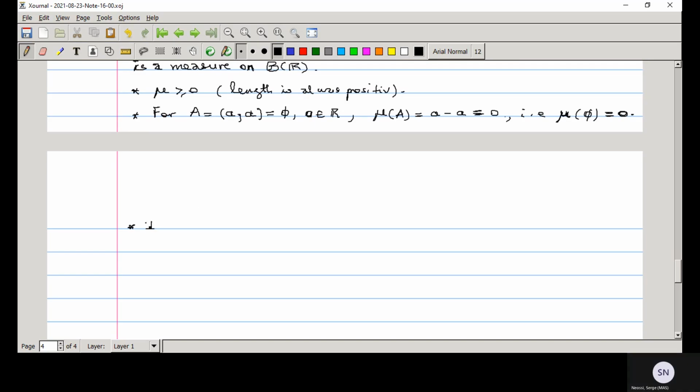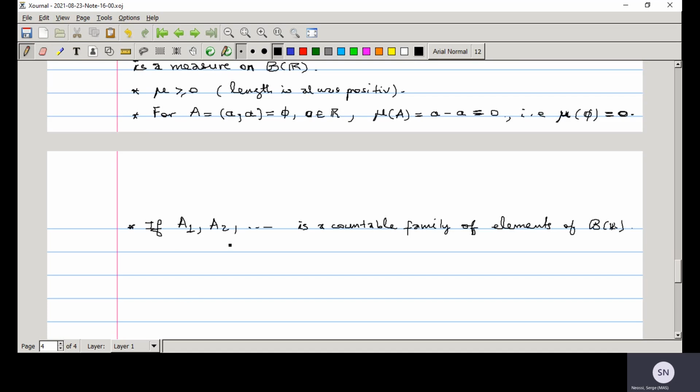So if A1, A2, ... is a collection of elements of BR. Okay, since they are in BR, they are intervals.